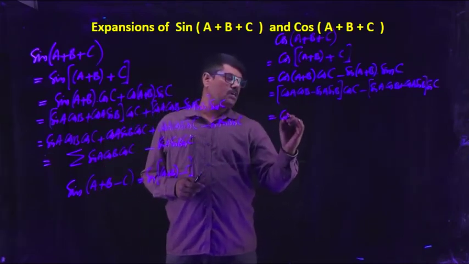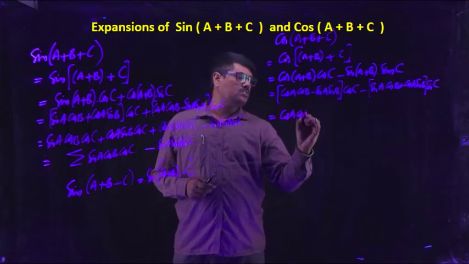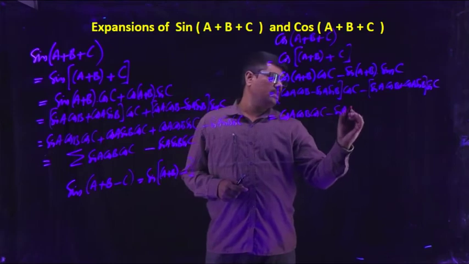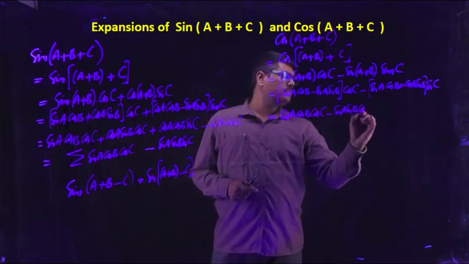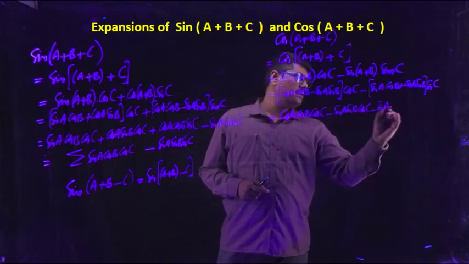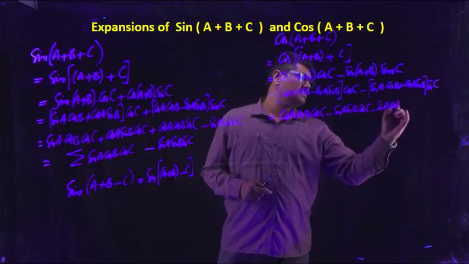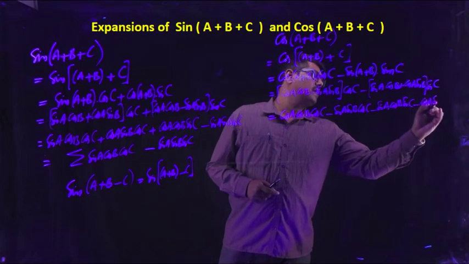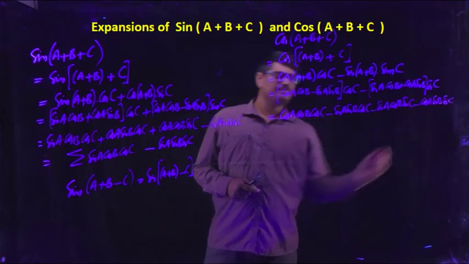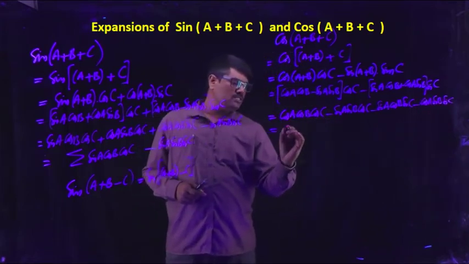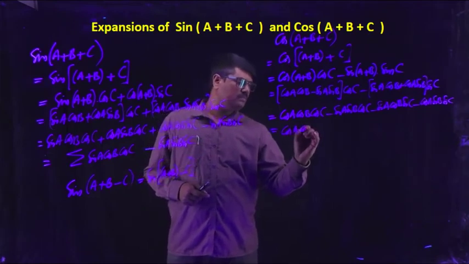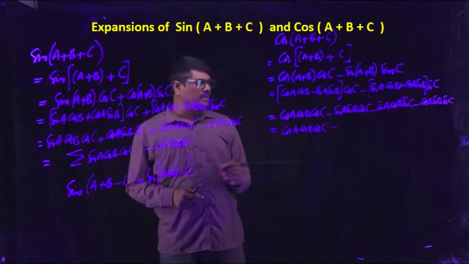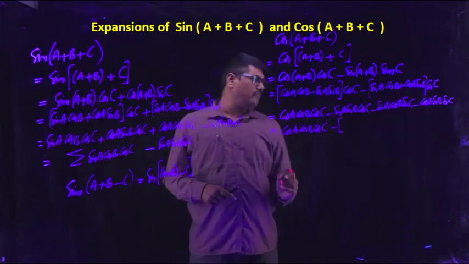So which is cos A cos B cos C minus sin A sin B cos C minus sin A cos B sin C minus cos A sin B sin C. So now cos A cos B cos C, and separating the minus from the remaining three values, you will get one format.